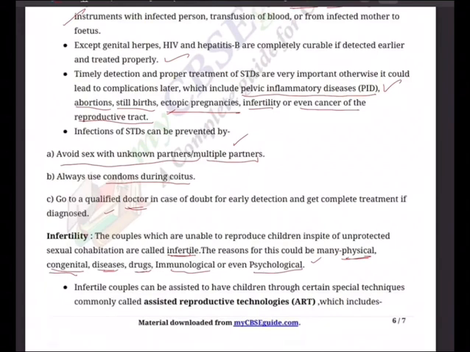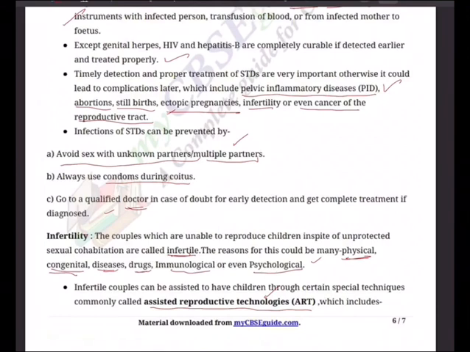So there has to be a comprehensive treatment. Infertile couples can be assisted to have children through certain special techniques commonly called ART, assisted reproductive technologies. So in our next session we will be studying about ARTs, the various techniques that can be used by issueless, childless couples.